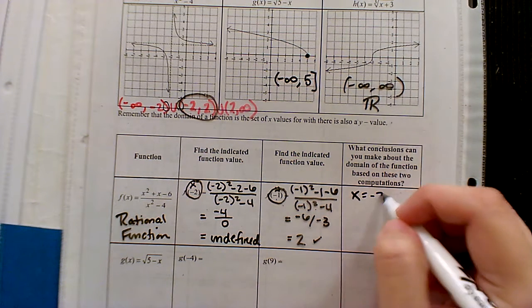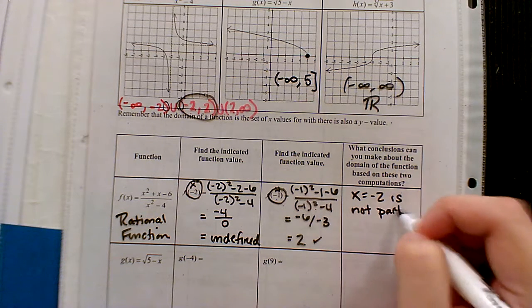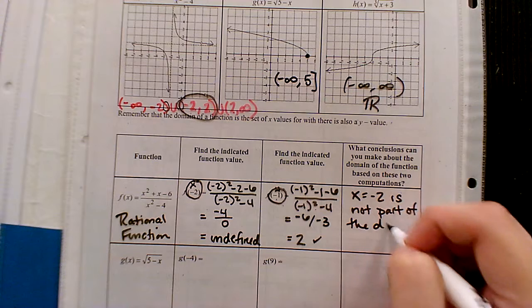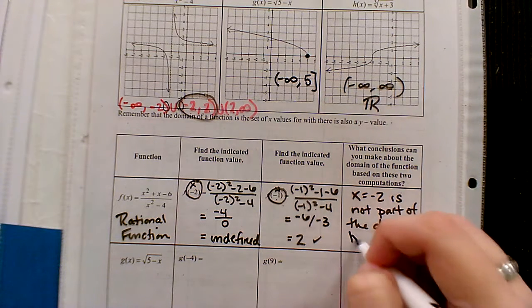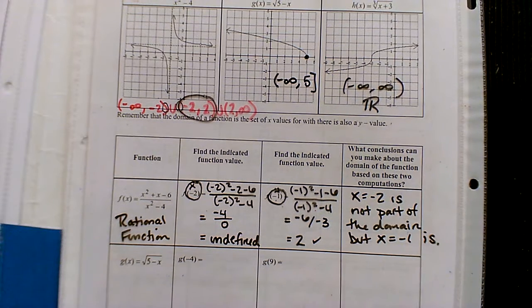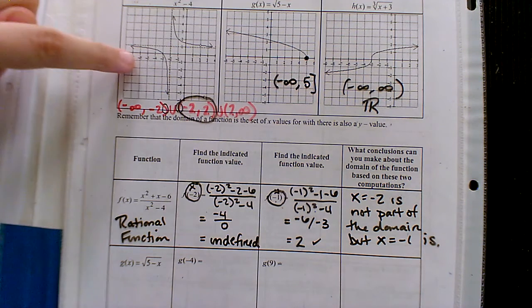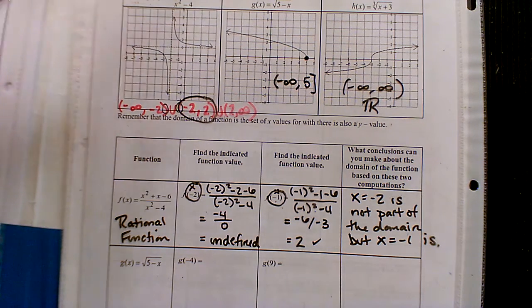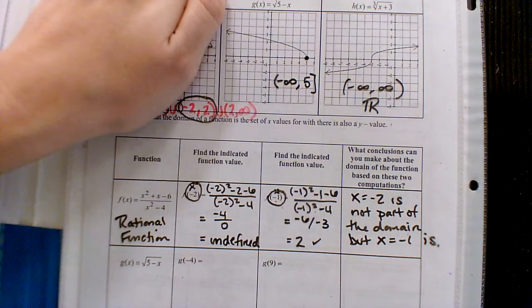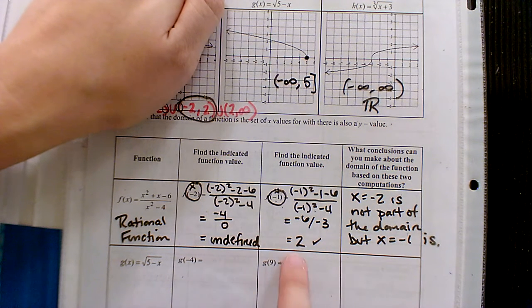So we'll say x equals -2 is not part of the domain, but x equals -1 is. Graphically speaking, we can see that. But notice how if we didn't have the graph, we could still reach that same conclusion because of the y values that we did or did not get out.